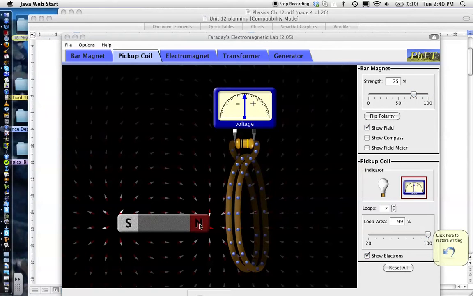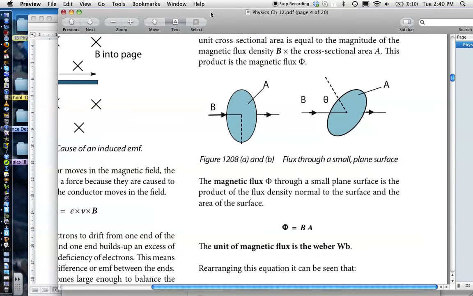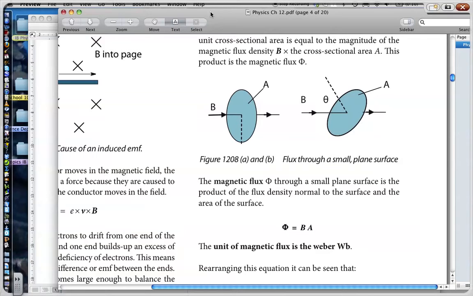So going back now to my textbook, the textbook that you use, we can use this to further explain it. Now, this is a symbol that we use, this phi, like that. This is for the magnetic flux.